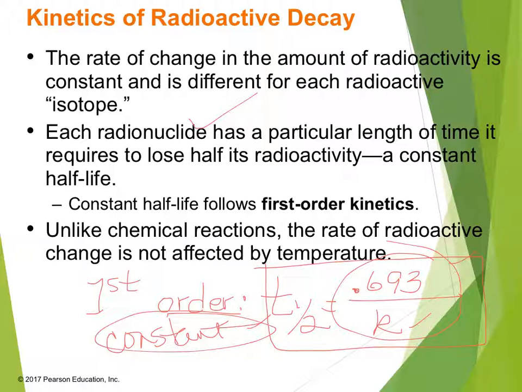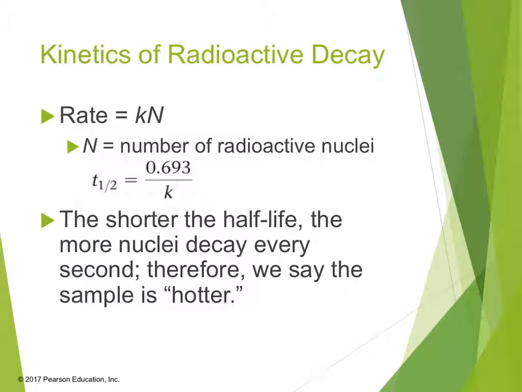Any type of radioactive process will usually have terminology talking about half-life instead of rate like we tend to in other chemical reactions. Of course, the shorter or smaller the half-life, the faster something decays.